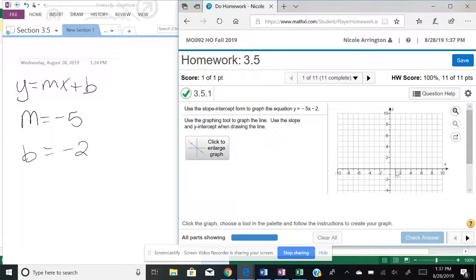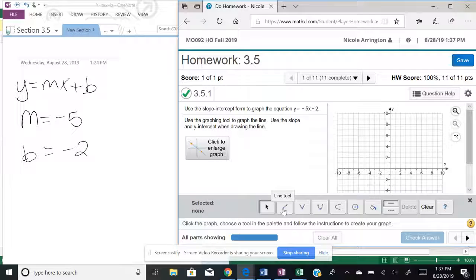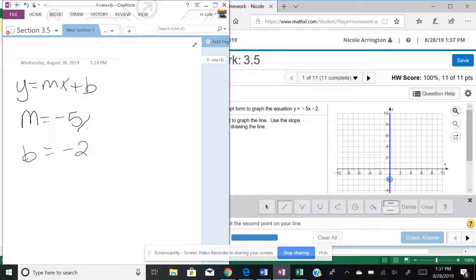And so if we want to graph this, I'm going to click that little line toolbar, and I'm going to start at my y-intercept, which is negative 2. So I'm going to click on the negative 2, and then I'm going to go to my slope. And remember, slope is rise over run.